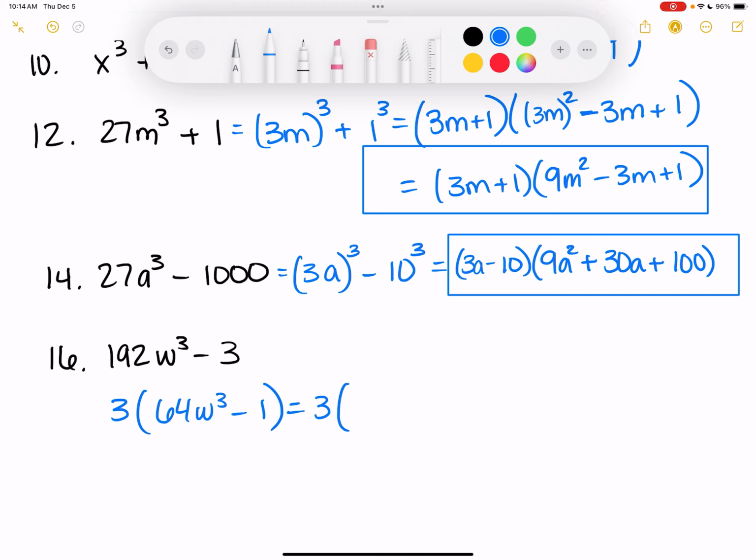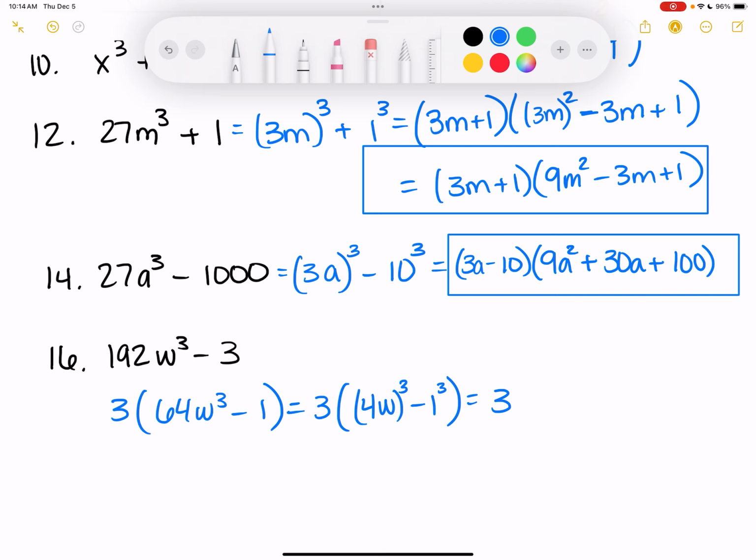So 4w, and I write that in parentheses cubed just so I keep that term straight, minus 1, and I'm going to put the cube on it. So the very first thing I would do when you have a problem like this is I would write down that 3 so you don't forget it. So I'm going to put this 3 here before I ever write my first parentheses.